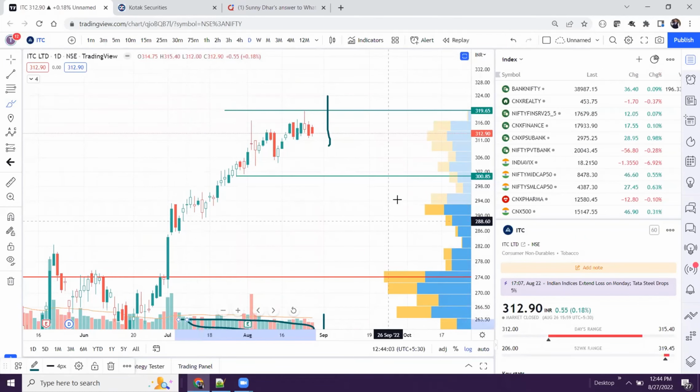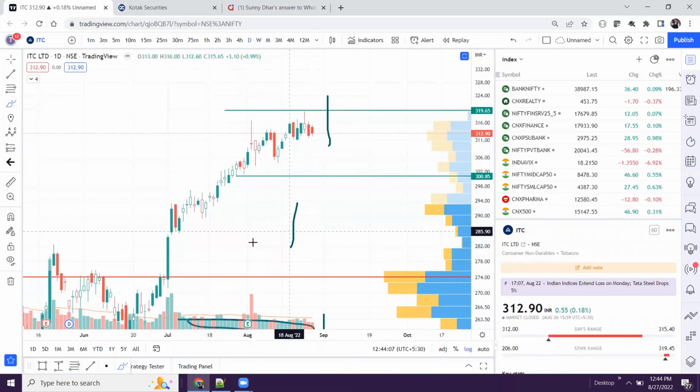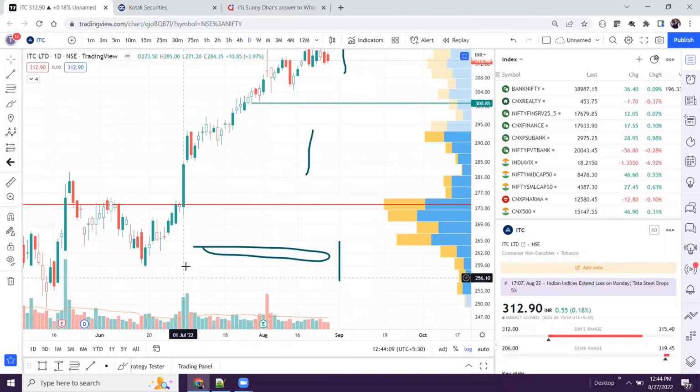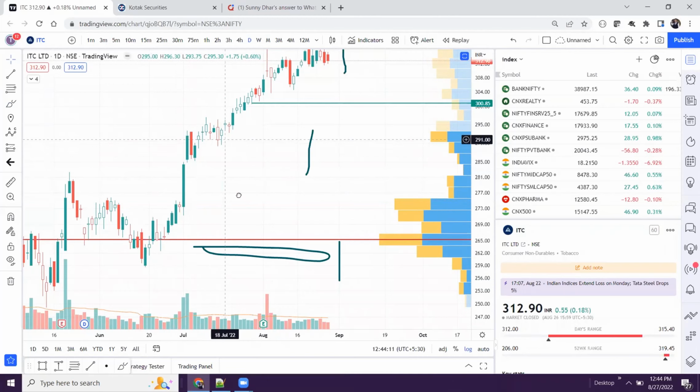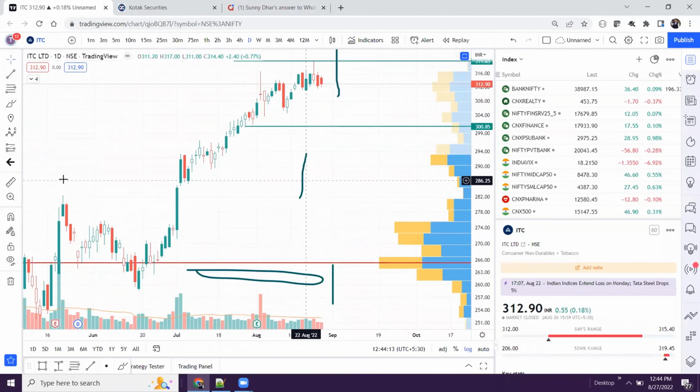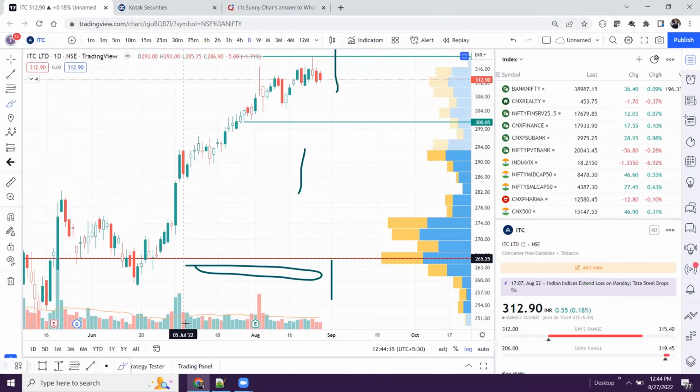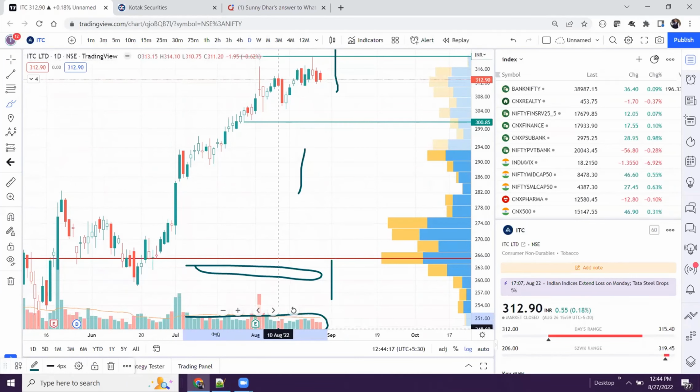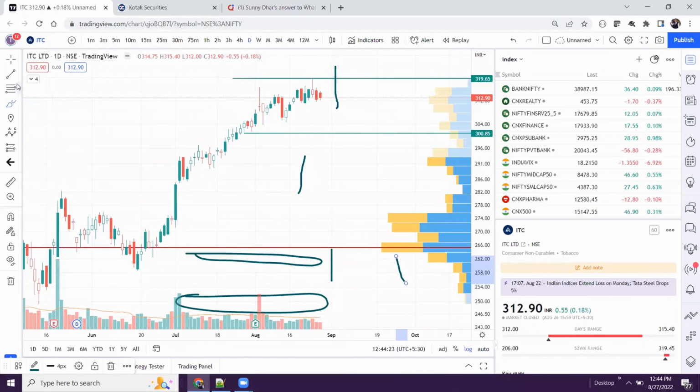So I will not personally take this trade, because the price is rising from this point to this point, but check the volume, there is no volume in this price. It's not even above the average volume. So anytime you can get a reversal in this.